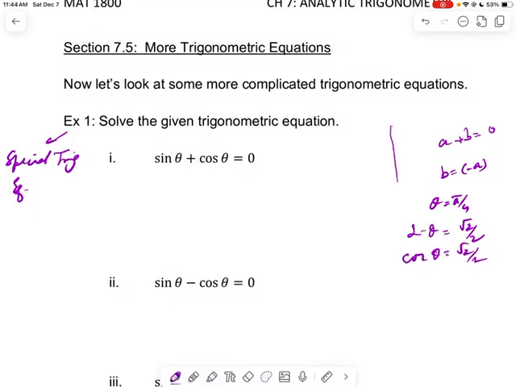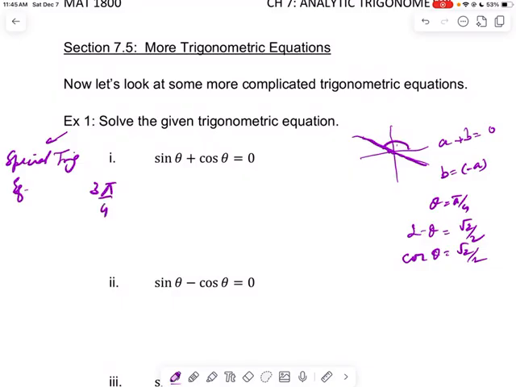When we are in the second or the fourth quadrant and our reference angle is pi over 4. So when your theta is 3 pi over 4 or 7 pi over 4, but they go in the same line. So for the general solution we can just say 3 pi over 4.